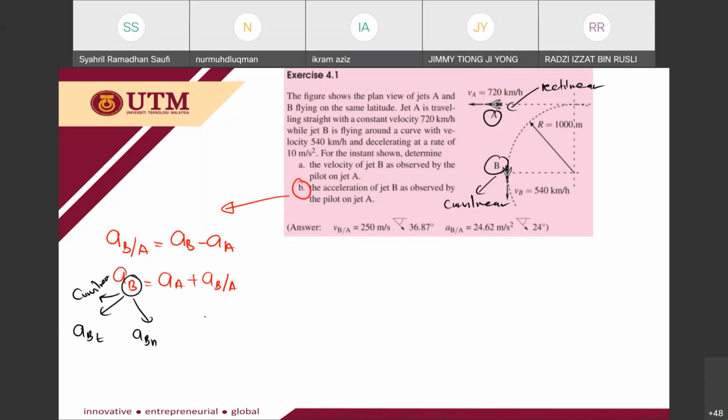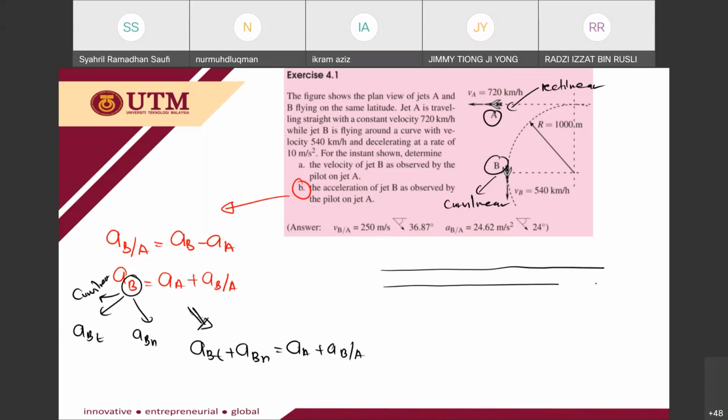Alright, so your equation will look like this. Acceleration of B tangent plus acceleration of B normal is equal to acceleration of A plus acceleration of B relative to A. So then you draw a table and put all the information that you can gain from the question. Here is magnitude, here is direction.